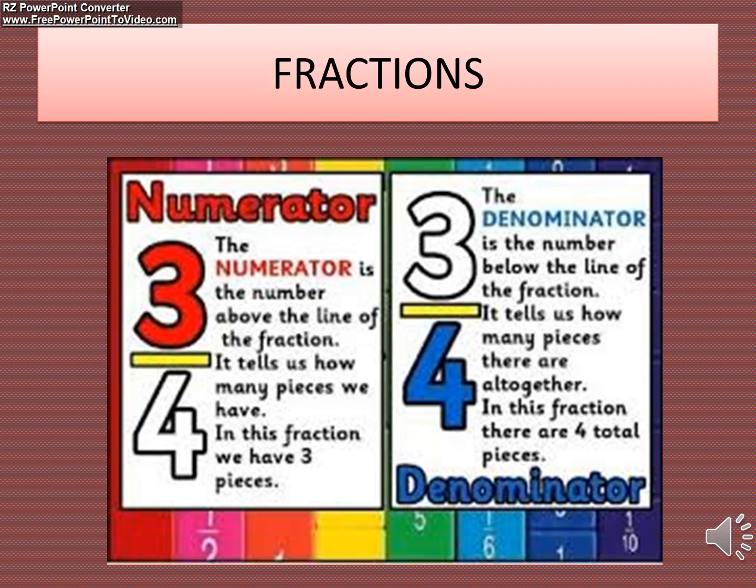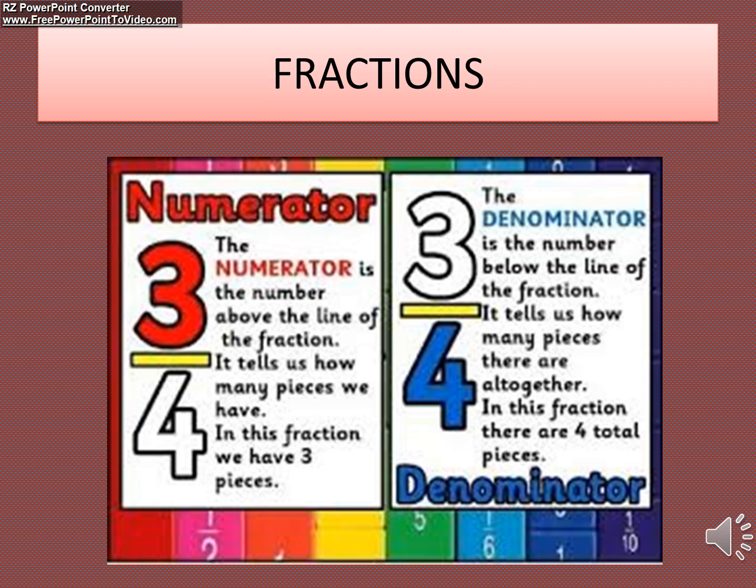What does the denominator tell us? It tells us altogether how many pieces are there. So altogether 4 pieces are there. Out of that we are having 3 pieces. So it is also read as 3/4.